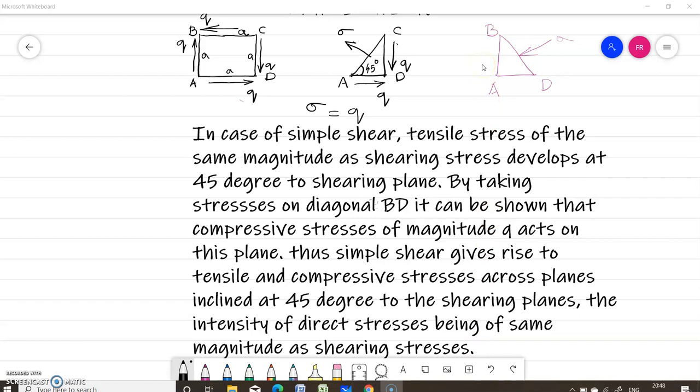So in planes inclined at 45 degrees to the shearing plane, there will be normal stress, and the magnitude of this normal stress will be equal to the shearing stress. In the case of diagonal AC, it is a tensile stress sigma equal to q, and in the diagonal BD, it will be a compressive stress sigma equal to q.